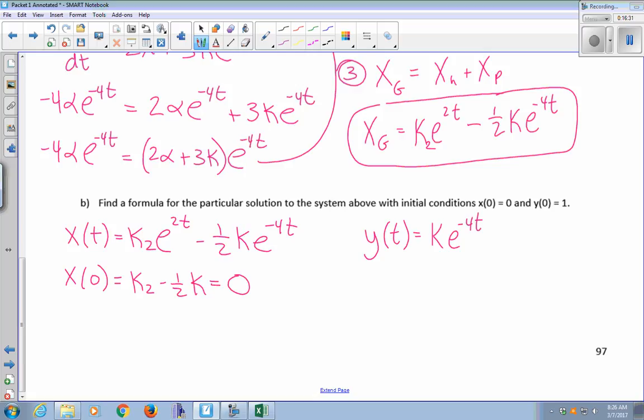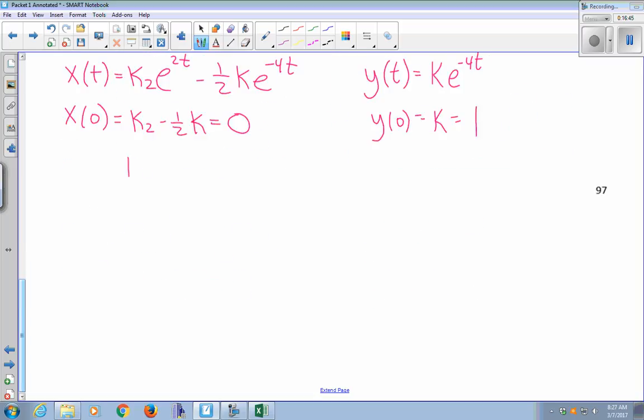So then y of 0 is k, which in this case they told me is 1. So I now know k is 1, so I can go over here and solve for k2. So k2 is 1/2.